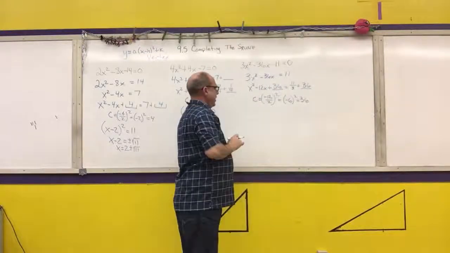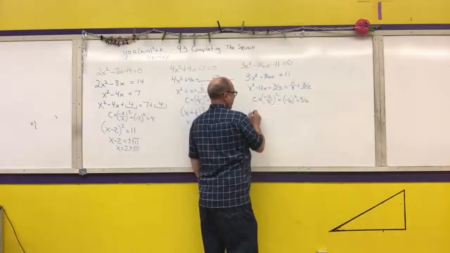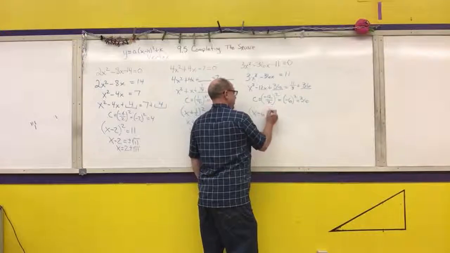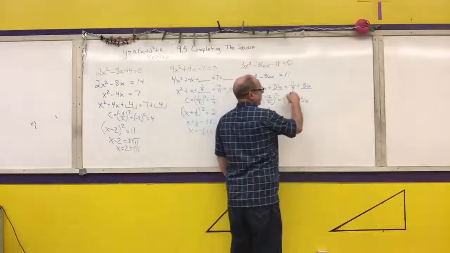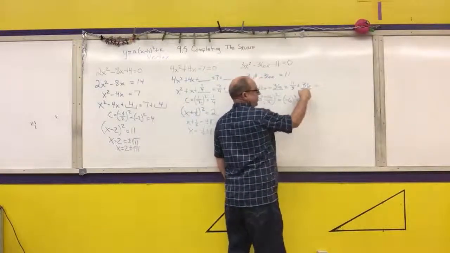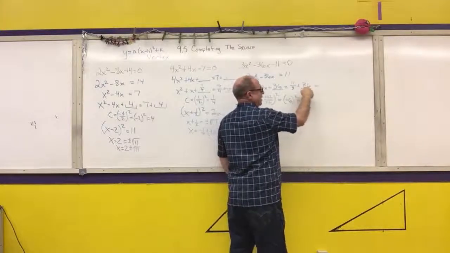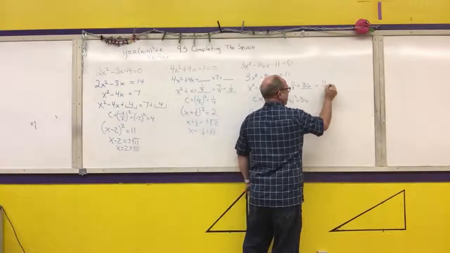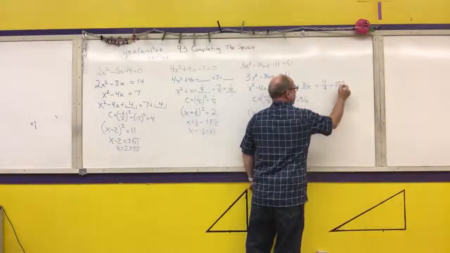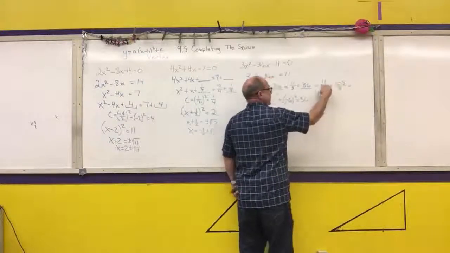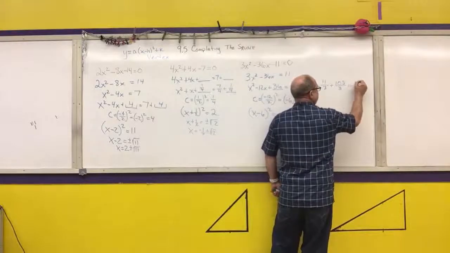Factor the left-hand side, and I get x minus 6 squared. This right here, I need to turn this into thirds. So that would be 90 plus 18 is 108 thirds. 108 plus 11 is 119 thirds.